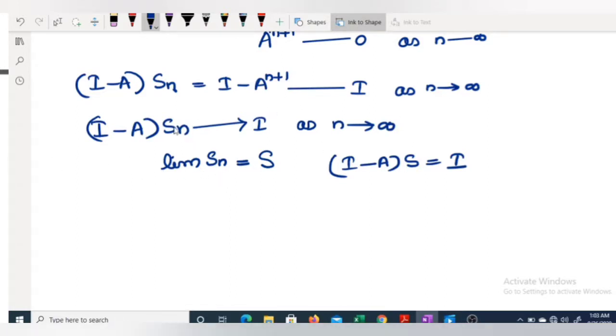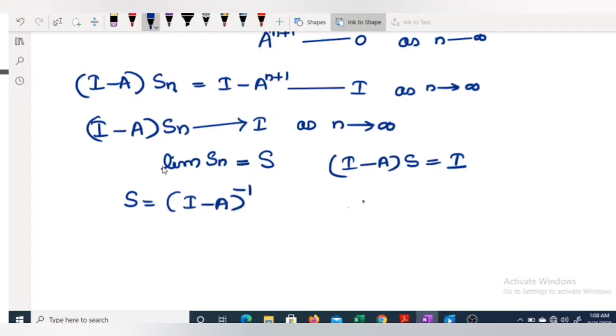That means I minus a into S is equal to I. Similarly you can prove S into I minus a equal to I. S is the inverse of I minus a.